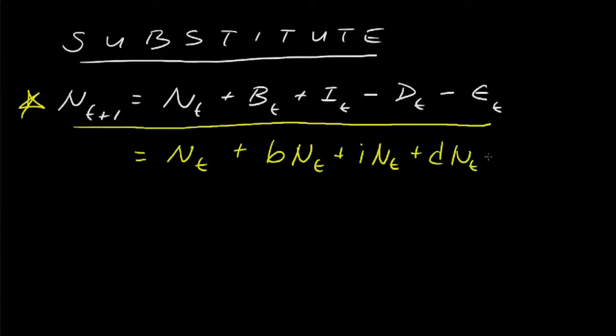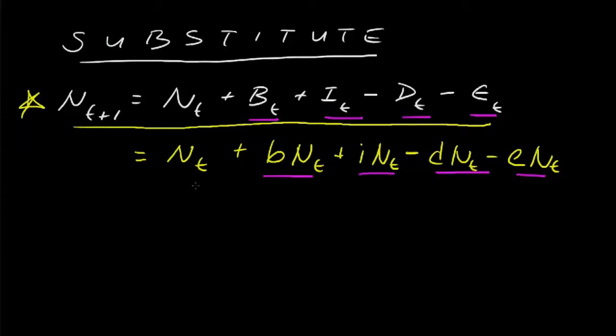I'm sorry, that should be minus our emigrants. Let me just change that symbol here. Okay, make sense? So all I've done is just substituted in our rates for our raw numbers.